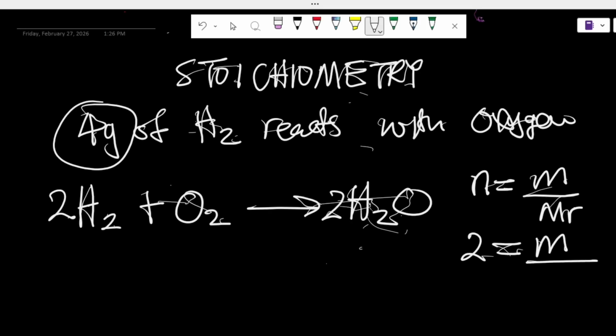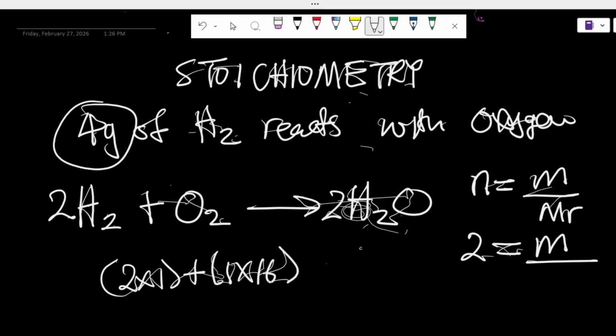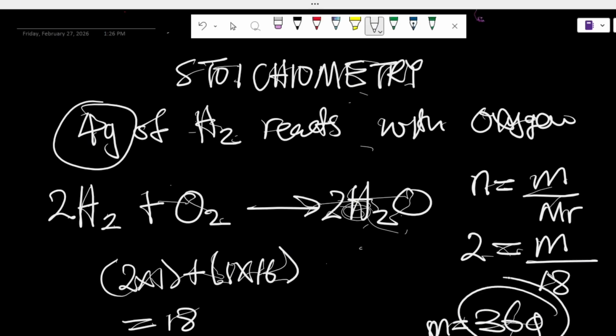And what is the relative molecular mass for water? Notice that here hydrogen is 2 times 1, and then plus oxygen here is 1 times 16. So this is going to give us 18. So we're going to have 18 here. So the mass is going to be 18 by 2 is 36 grams. And so this is the mass of water.